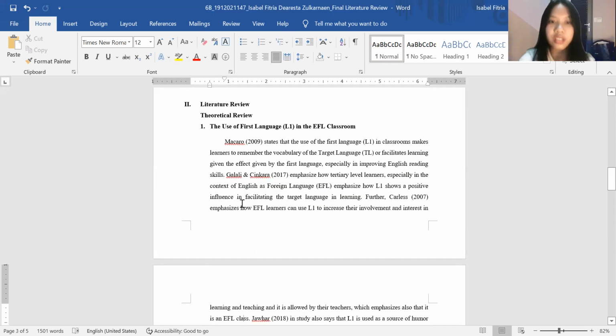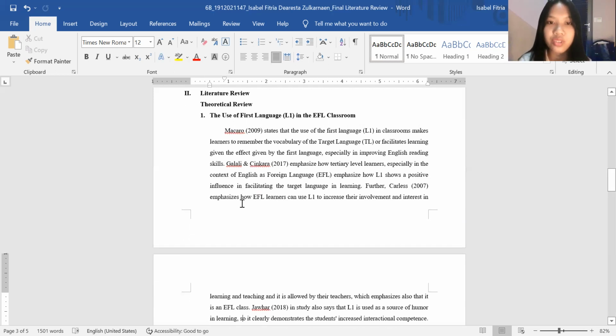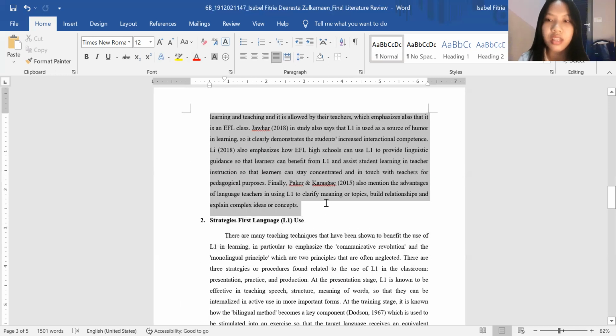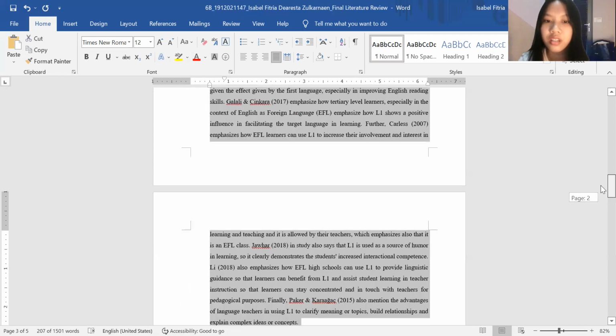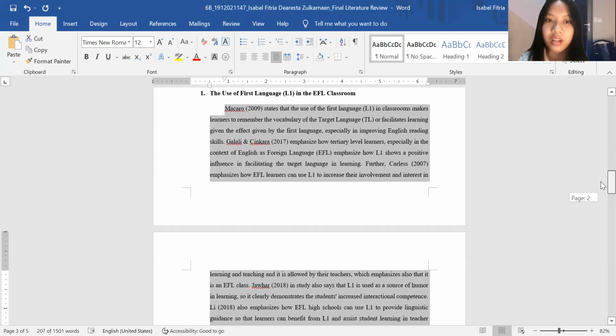And then for the literature review, I'm more specific to the use of first language in the EFL classroom and also the strategies of using L1. So in the use of first language, I bring several studies that support how L1 is good to use in the EFL classroom.